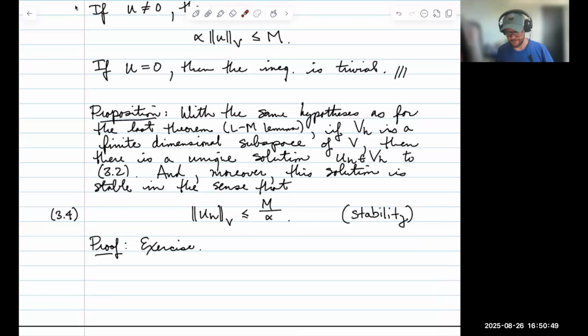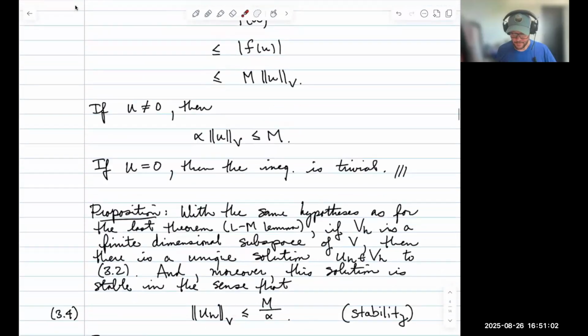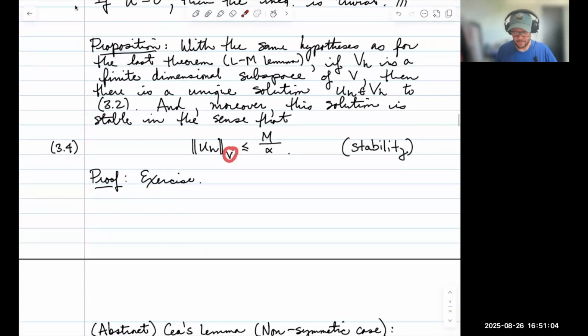Excellent question. Here's another important point, I should say. Nobody asked the question, but it's a good point. So notice that this is the V norm here. It's the same norm here. That's usually quite important because we have two spaces floating around, right?